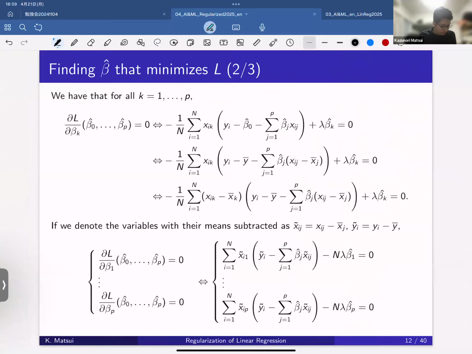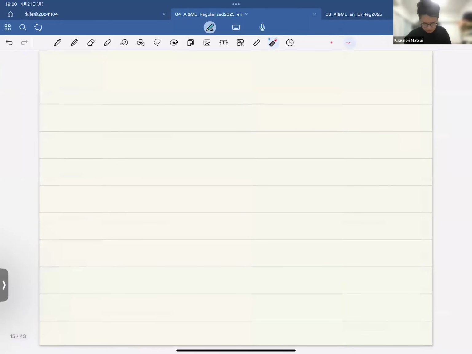Next, we need to find beta 1 hat through beta p hat. Let k be any number from 1 to p. For the partial derivative with respect to beta k to be 0, using what we calculated earlier, this must be 0. Okay, let's calculate.